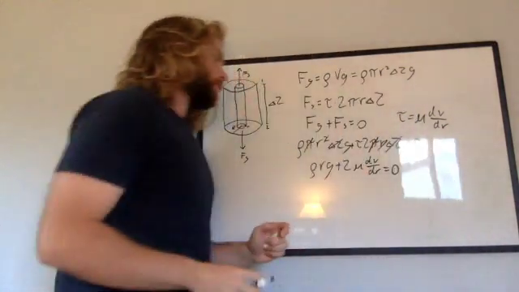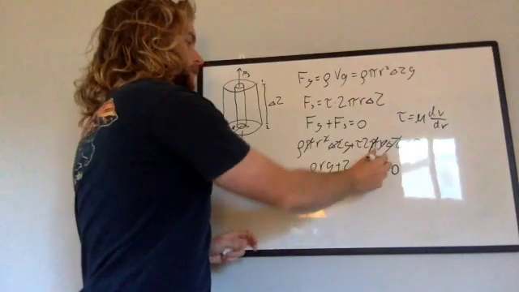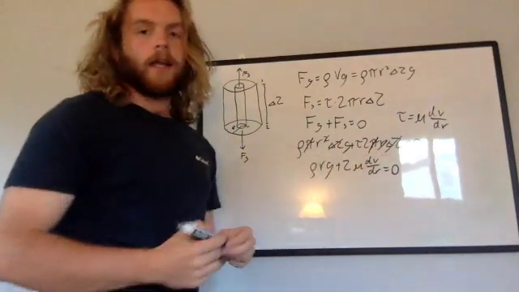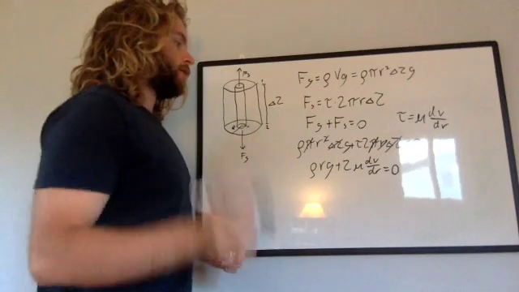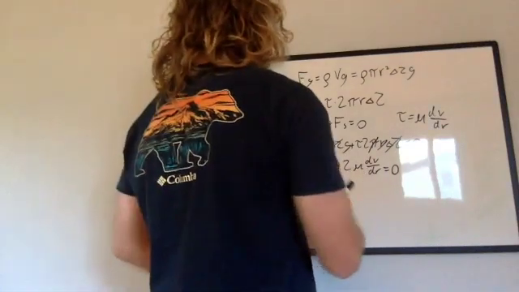All right, next step is we are going to want to isolate dV to one side and put everything else onto the other side in order to integrate. So we'll go ahead and do that now.